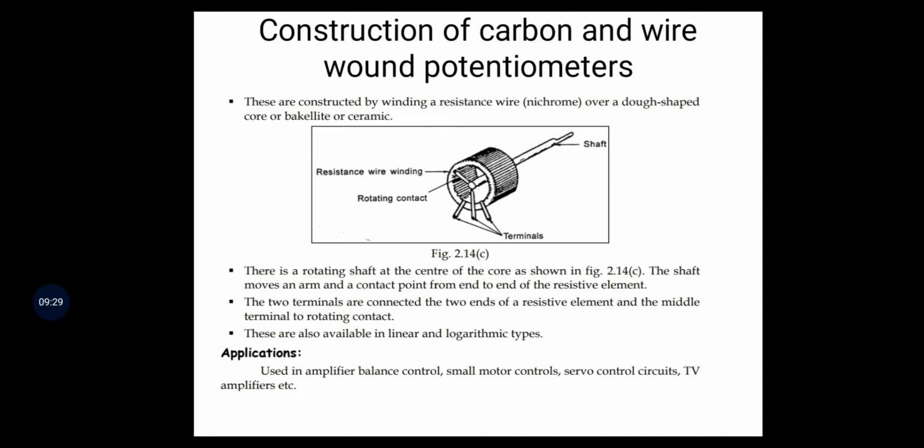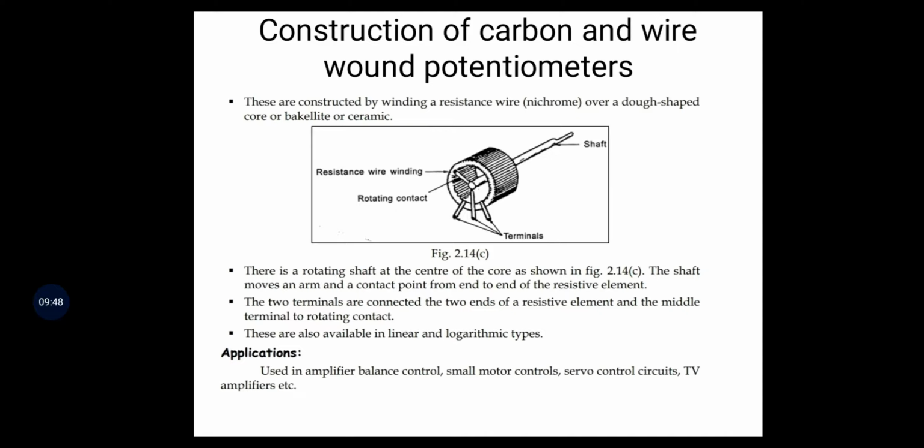There is a rotating shaft at the center of the core. If the shaft moves, an arm contact moves from end to end of the resistive element.